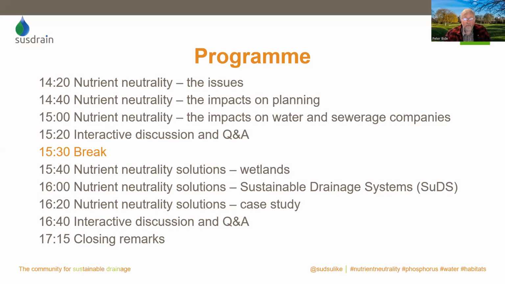As you've probably seen in the introductory material for this webinar when you signed up, the issue is that lots of lakes, rivers, estuaries, wetlands, and other sites dependent on water are important and protected habitats.